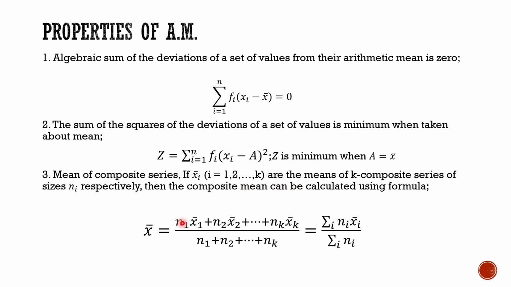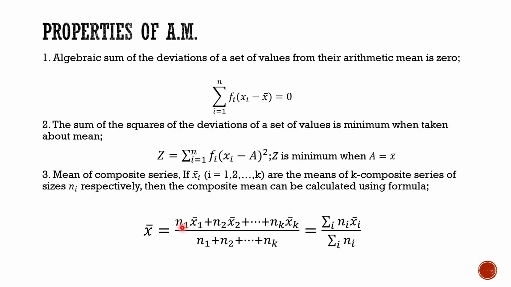And how you can calculate it is, you will have to add all the observations, that is summation ni, and you will have to get the summation of ni xi bar. Xi bar means the different means of different series.